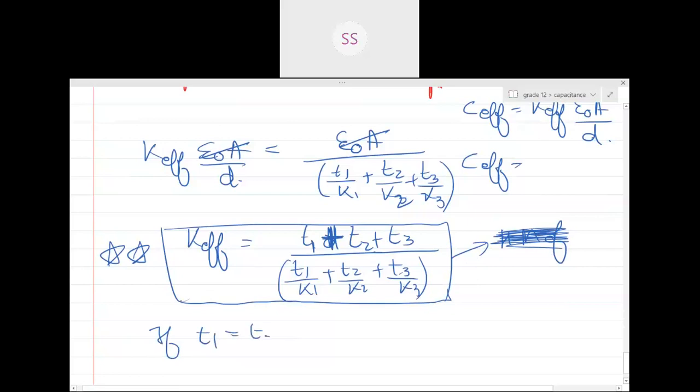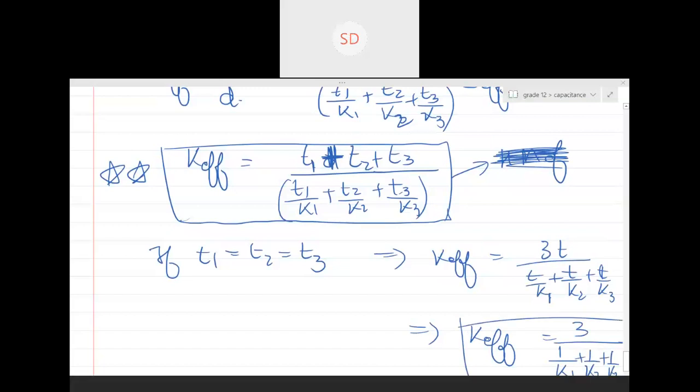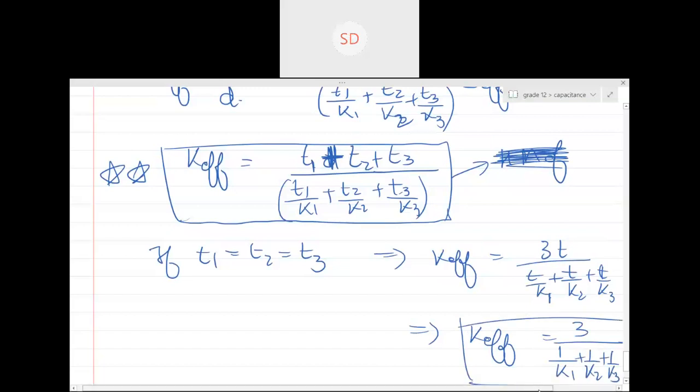If T1 equals T2 equals T3, that implies K effective will be 3P upon P by K1 plus P by K2 plus P by K3. Now do you remember, guys, this is the harmonic mean, right? Maths people, is this the harmonic mean?